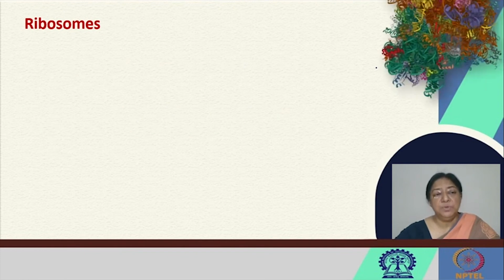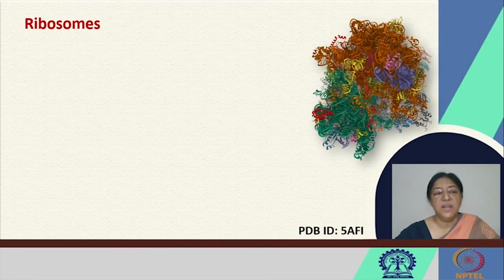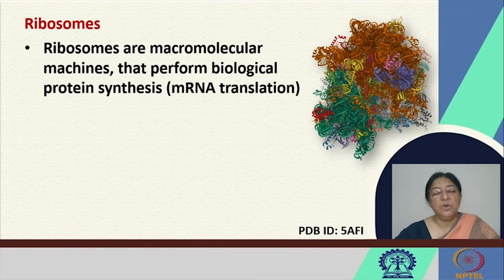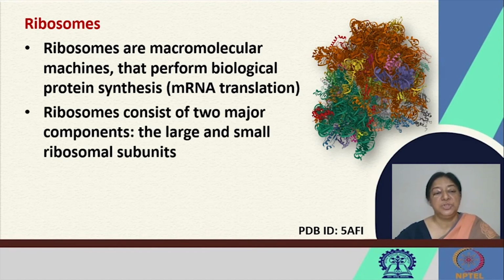When we look at the ribosomes, we have these very large proteins. They are macromolecular machines that perform biological protein synthesis. We had mentioned this specific macromolecular assembly when we spoke about other types of proteins, in the motor proteins that we mentioned. The ribosomes themselves consist of two major components.